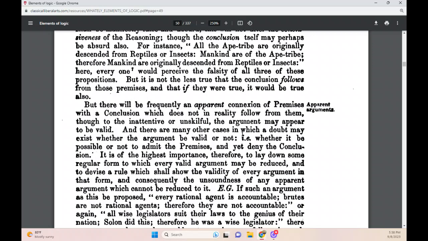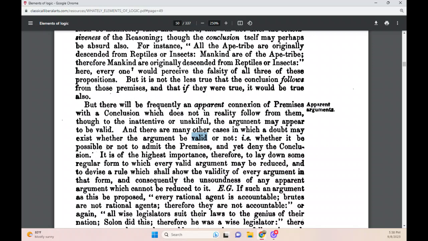There are many other cases in which a doubt may exist whether the argument will be valid or not. That is, whether it be possible or not to admit the premises but deny the conclusion. Notice this word valid. Valid means conclusive, whether the argument be conclusive or not.